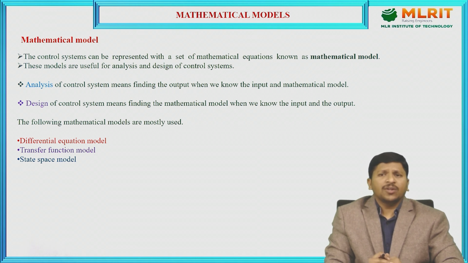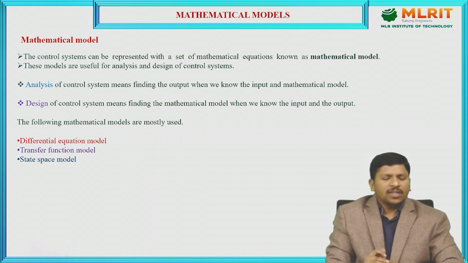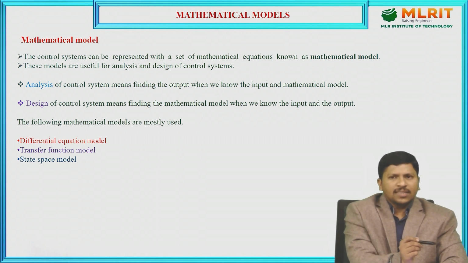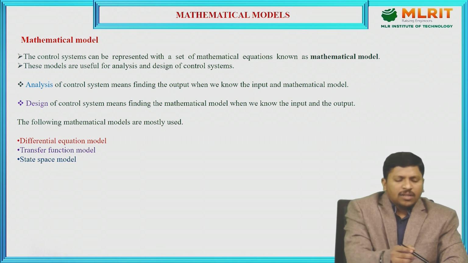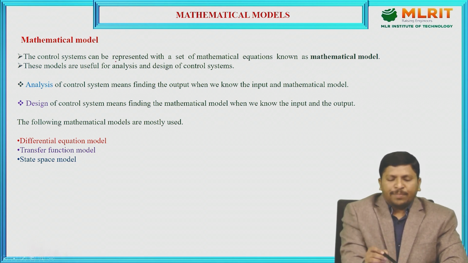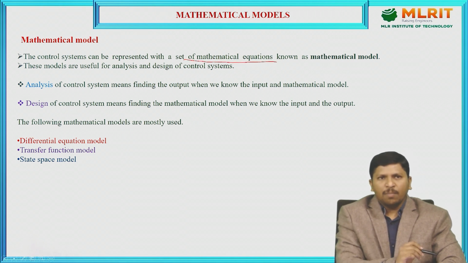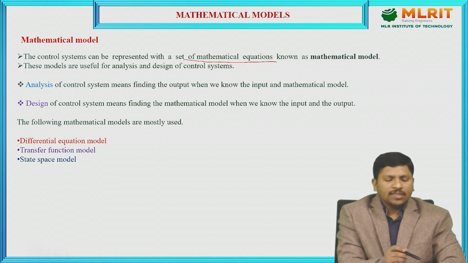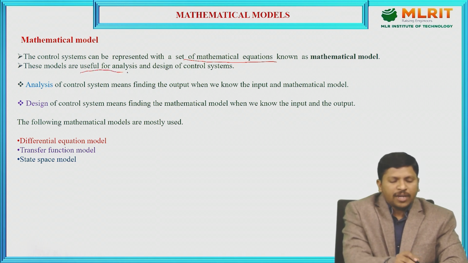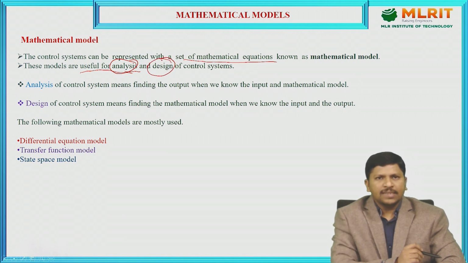These models are useful for the analysis as well as the design of any control system. What is the meaning of analysis and design? The control system represented with mathematical equations is the mathematical model, and it is used for analysis as well as design of any control system.